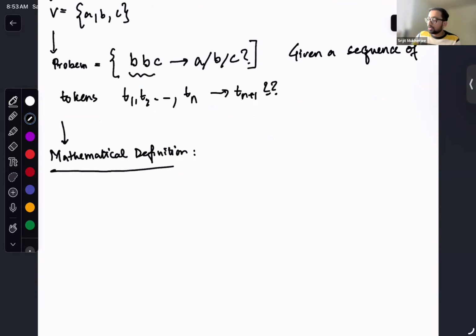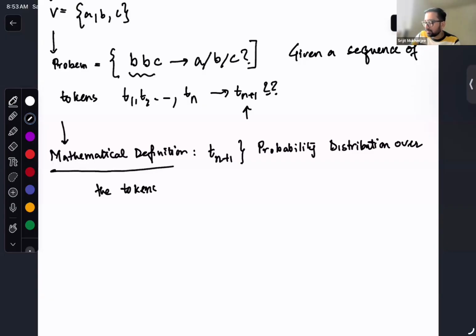What I'm defining is that Tn plus 1 is nothing but a probability distribution over the tokens in the vocabulary.